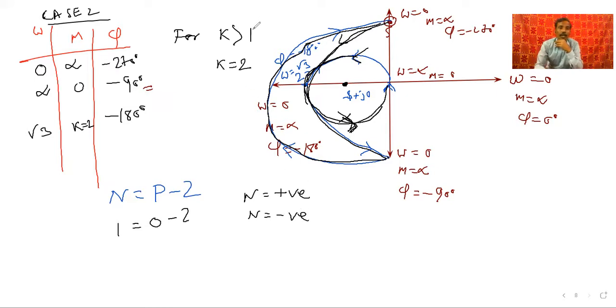So this is for k greater than 1. If k less than 1, so what is the conclusion?